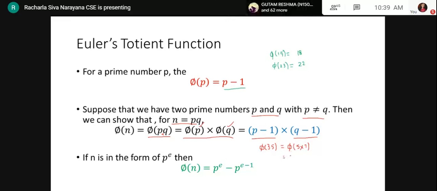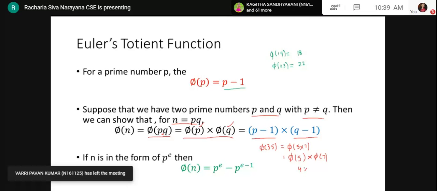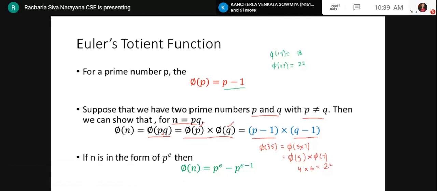So we can write phi of 5 into phi of 7. We know that phi of 5 is 4, because p minus 1. Phi of 7 is 6. So a total of 24 relative prime numbers are there for phi of 35.